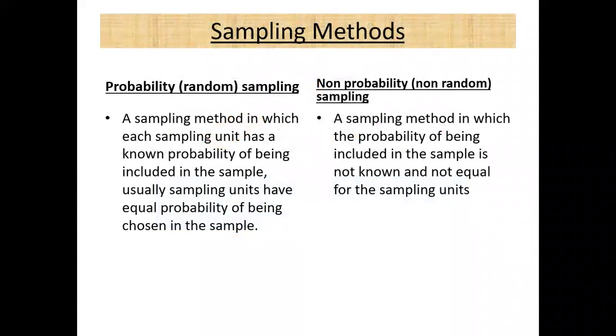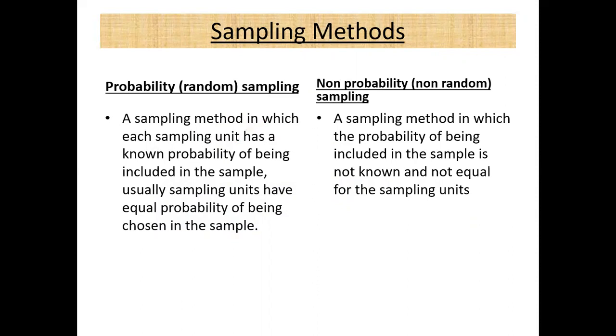Sampling methods. We have two main categories for sampling. Number one, probability random sampling, and number two, non-probability or non-random sampling. We will start with probability random sampling, a sampling method in which each sampling unit has a known probability of being included in the sample.